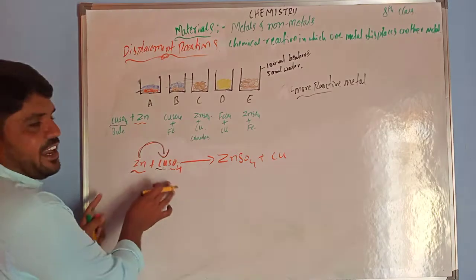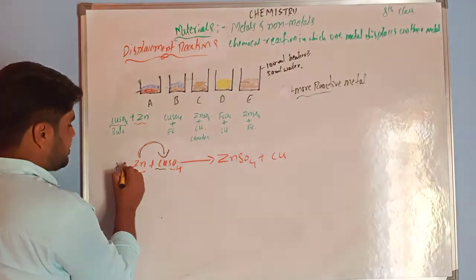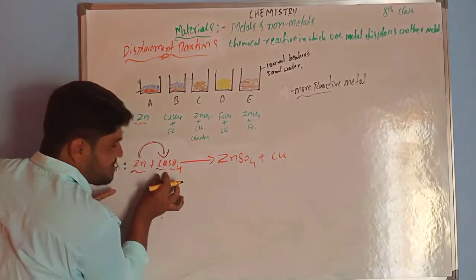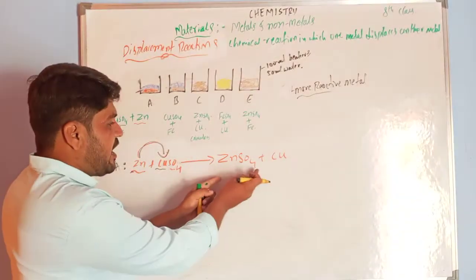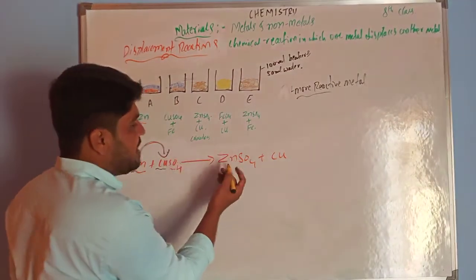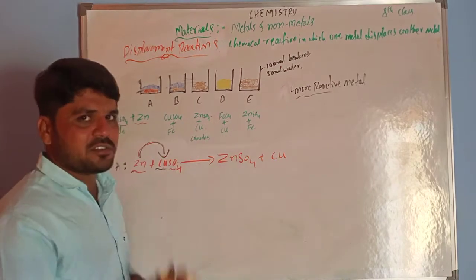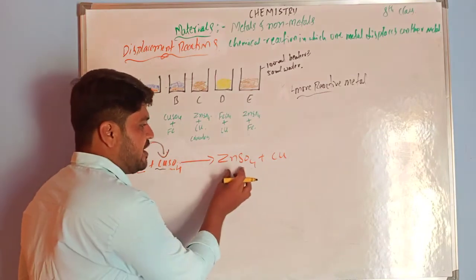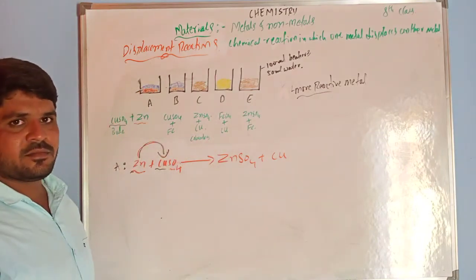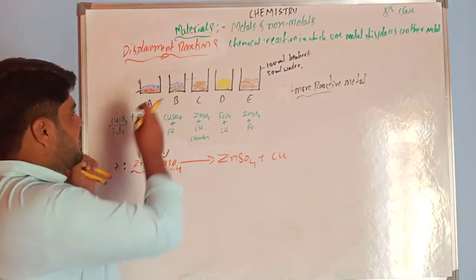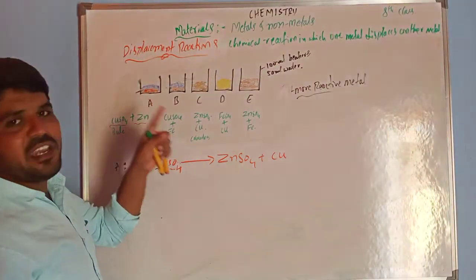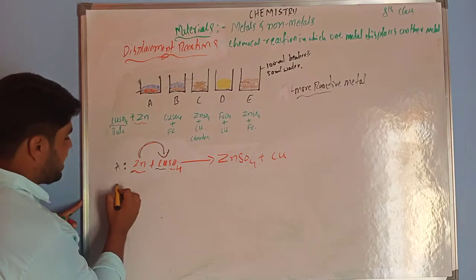In this example, in beaker A, zinc replaces the copper. That's why we obtain zinc sulfate as a product. Similarly in beaker B, let's see what happens.